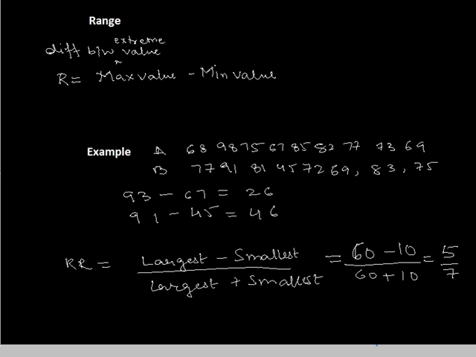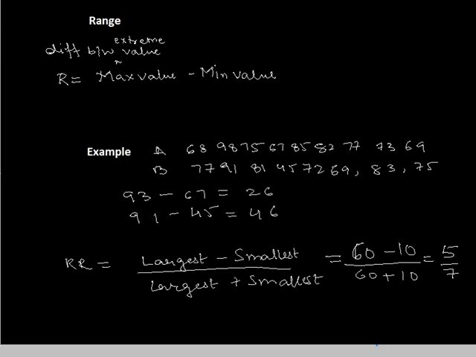Now range is used widely, but it is least important in some sense because it's a very crude value. Though it is used in quality control measures, and it is also used in understanding the rate of exchange, what is the range in between two time periods.